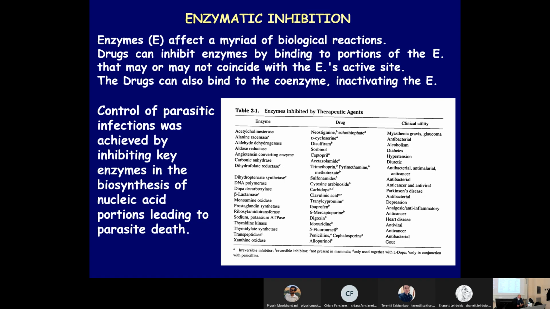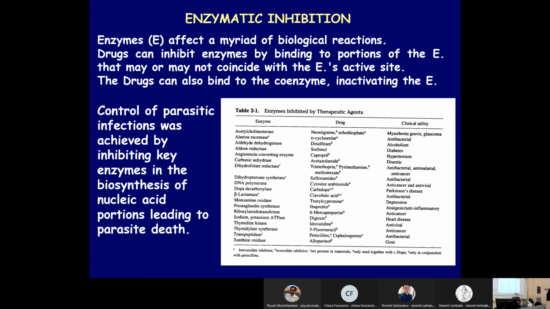But sometimes we need to inhibit the activity of this enzyme if we want to increase the quantity of acetylcholine in the synaptic cleft. It's the case of myasthenia gravis.